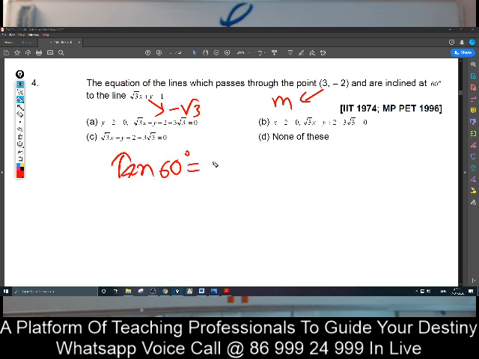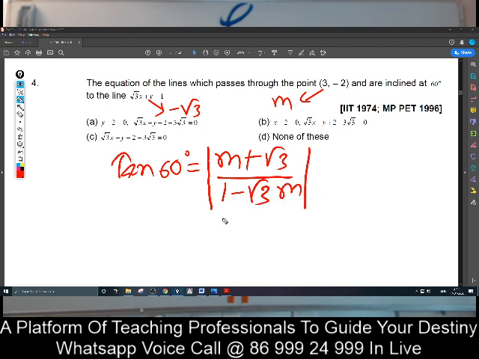You need not apply modulus every time, but here you have to make use of it, because tan 60 is always positive, which lies in the first quadrant. So m1 minus m2 is m plus root 3, divided by 1 plus m1 m2, which is 1 minus root 3m. What is tan 60? It is root 3.